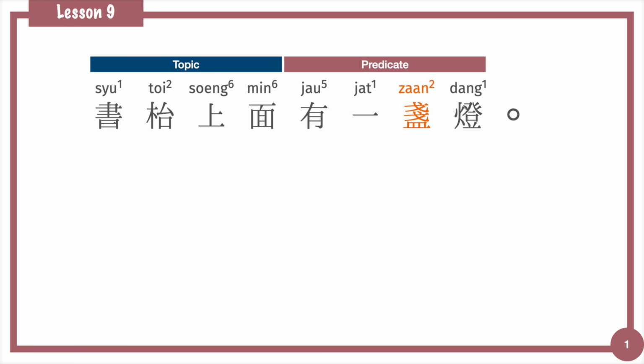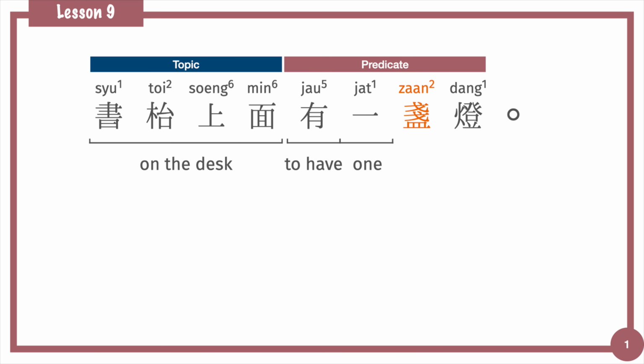Another example here, 書枱上面有一盞燈. 書枱上面 on the desk, 有 to have, 一 one, 盞 is the measure word for counting the light or lamp. Historically, 盞 refers to a small vessel.